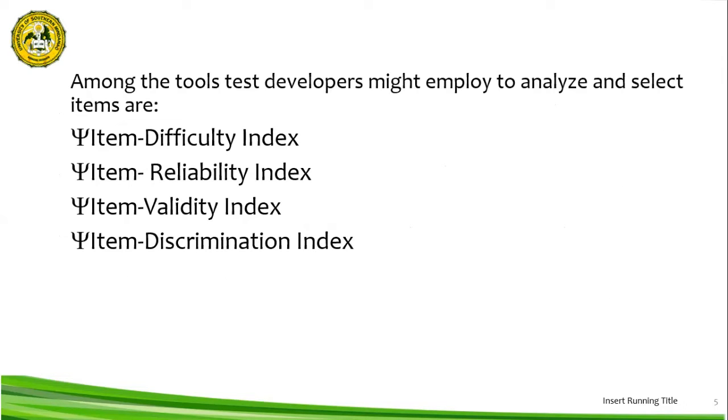Among the tools that test developers might employ to analyze and select items are the item difficulty index, the item reliability index, the item validity index, and the item discrimination index. We will tackle those four individually.